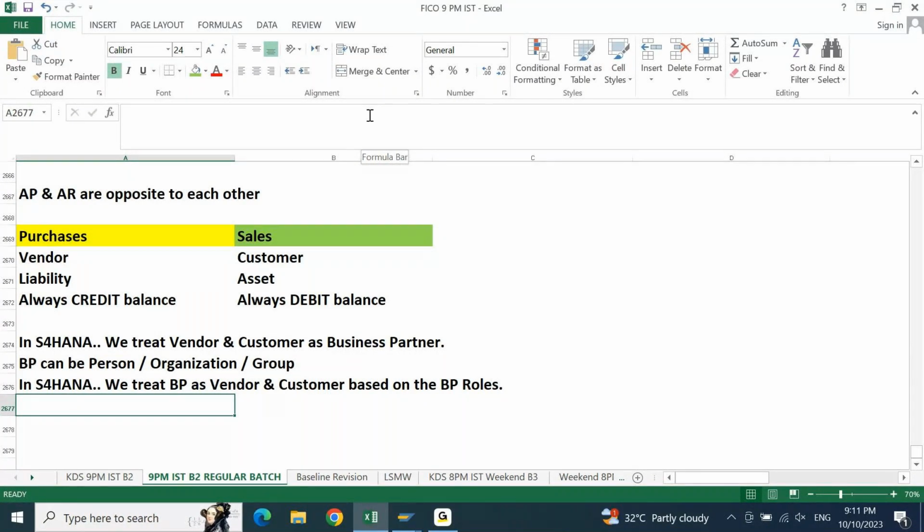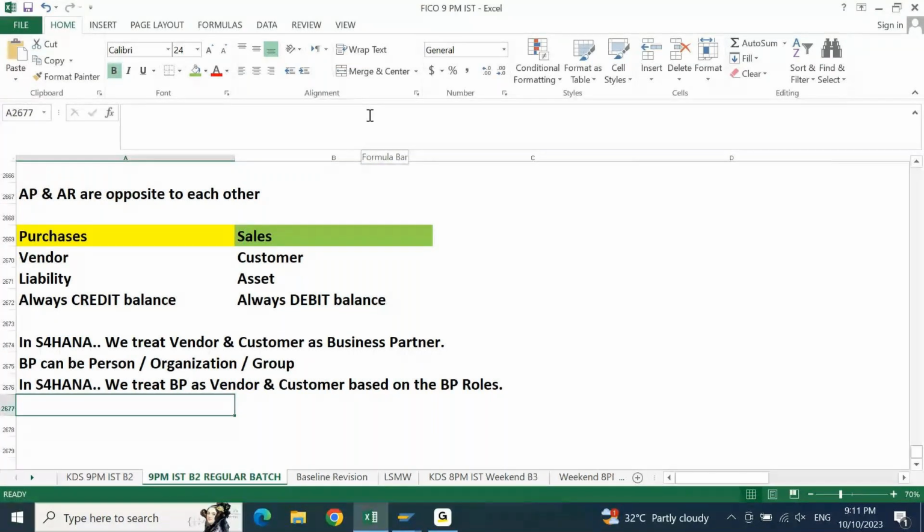When I'm talking about BP role, first I'm going to identify a person or an organization with whom I'm going to deal or do the business. Whether I purchase or I sell depends on the nature of agreement between us.